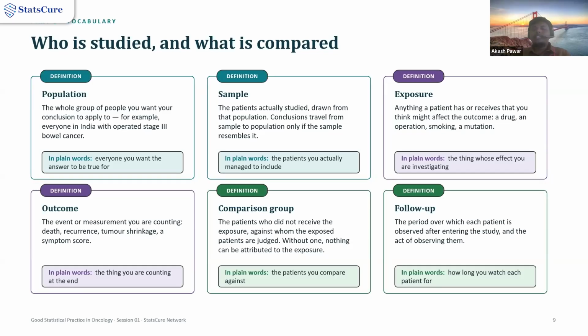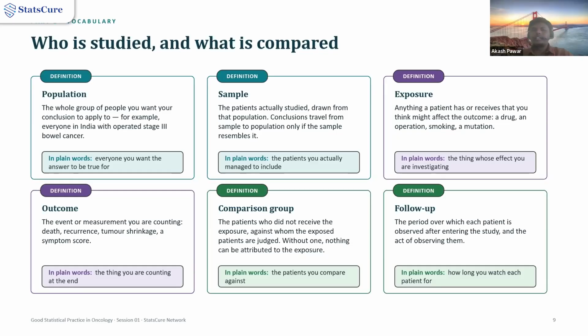Then comes the comparison group. When you are going to do an RCT, you are going to have a comparison group as well, right? For a population-based study, for example a case control study, the exposure group is what you are interested in, like people who smoke. What is the risk of developing lung cancer? The comparator group would be people not smoking.